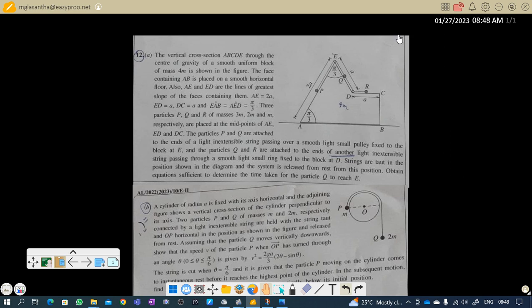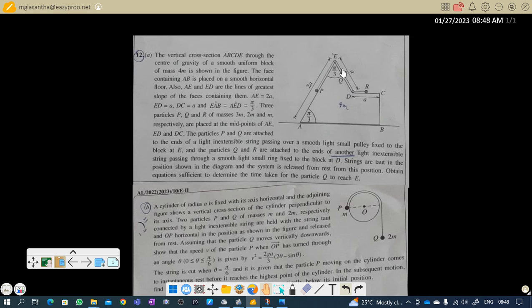So let's see how you can do this sum. You have to write down the equations, but you have to notice that there are two strings in this, right? From particle P to Q, one string. The other string is from particle Q to R. At point D there is a ring.